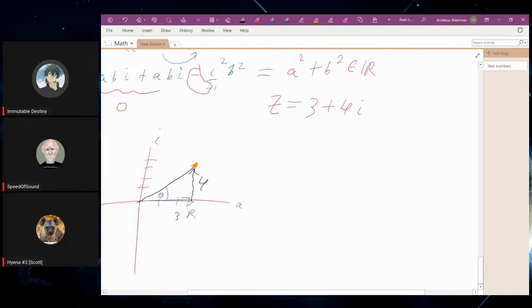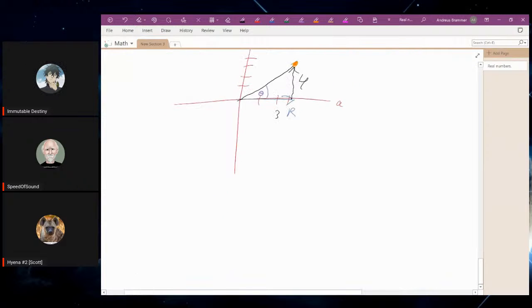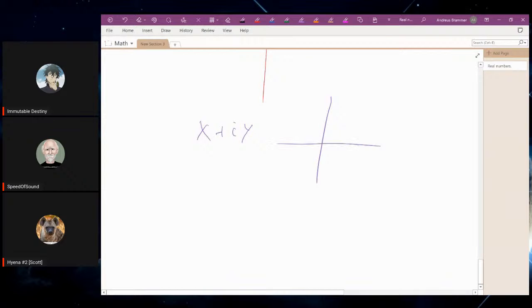And in general, a general statement is that when I have a number x plus iy, and that number lives on the complex plane, this might be some number x, and this might be some number y, and this is the i, and this is some real number.